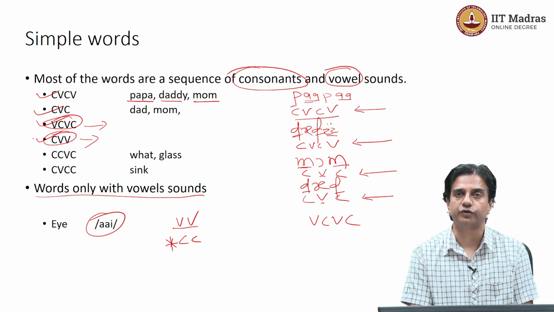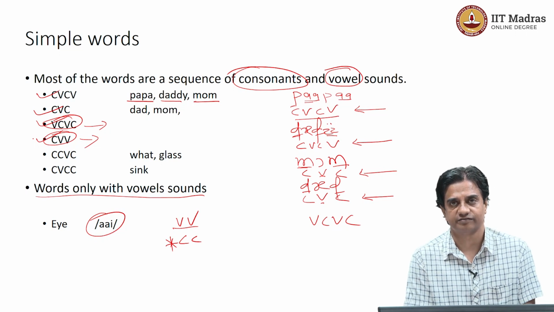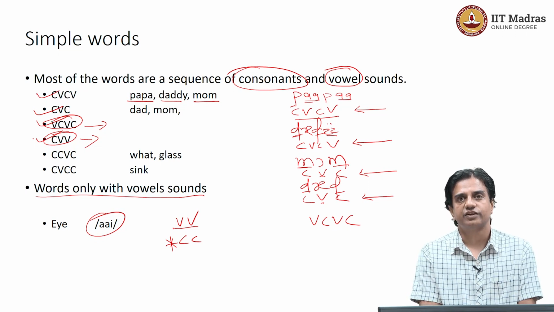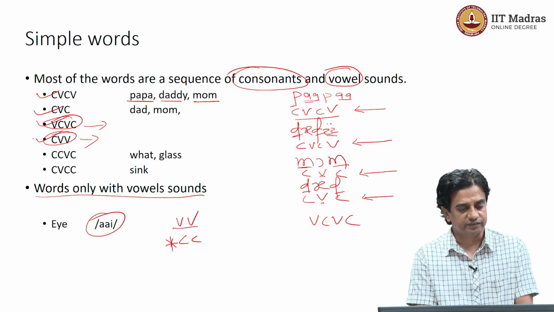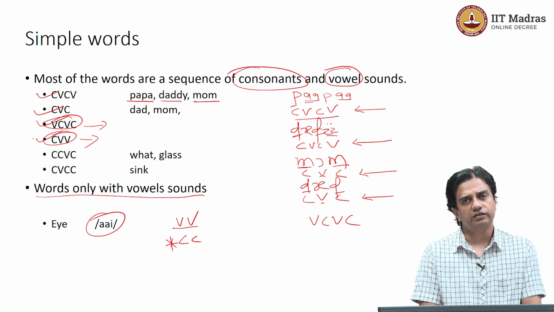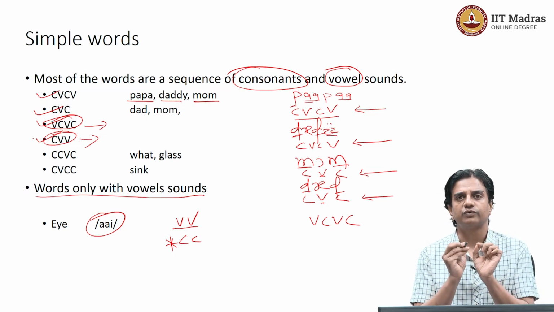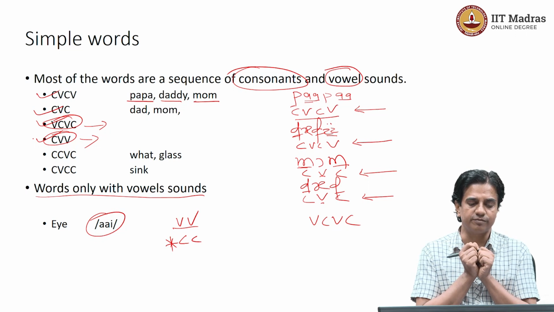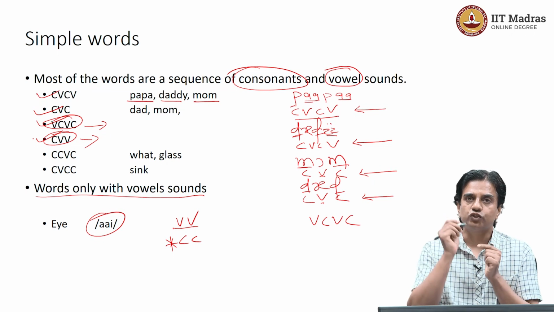Now I want to draw your attention to what we know as consonant cluster. We are discussing words, and we are going to discuss one more specific feature of a word, which we see in words quite often. A cluster is when two consonant sounds come together, and there is no vowel sound in between.